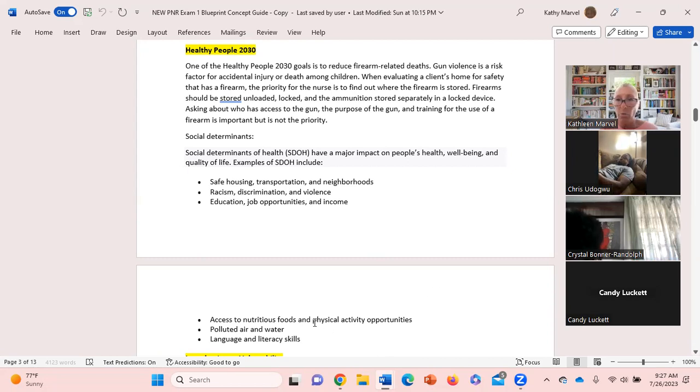Physical activity: are there parks, walking paths? Do they live near a transportation hub, airport, trains, or industry that might cause polluted air, or near rivers or streams? All these things determine people's health, well-being and quality of life. So that's social determinants.